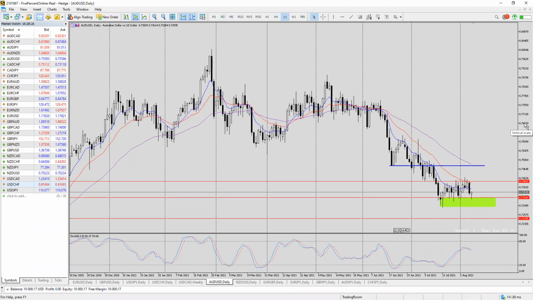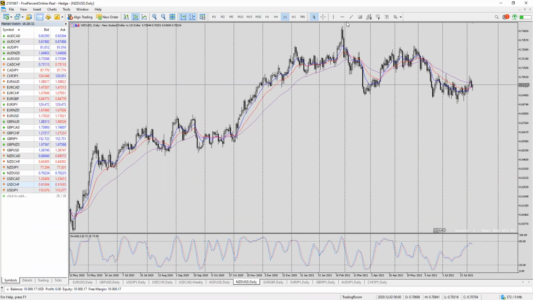So that's for the Aussie dollar. Quickly to the Kiwi dollar, which also made, like you can see here, a false breakout, just like the pound dollar.